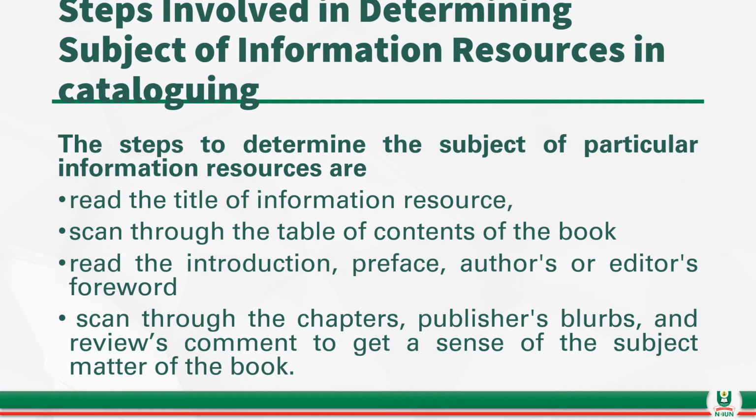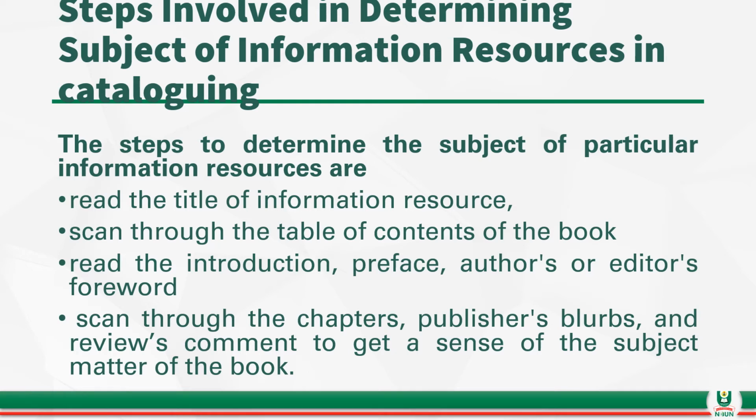The steps to help you determine the subject of a particular information resource while cataloging are: you read through the title of the information resource to find out what it's all about. You scan through the table of contents to find out the subject treatment.